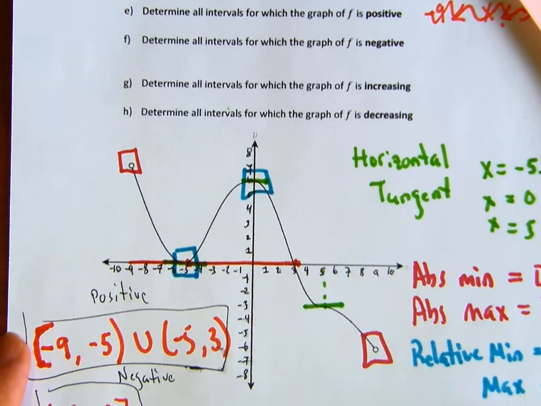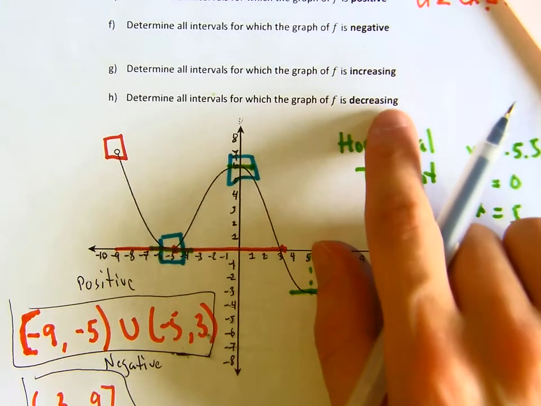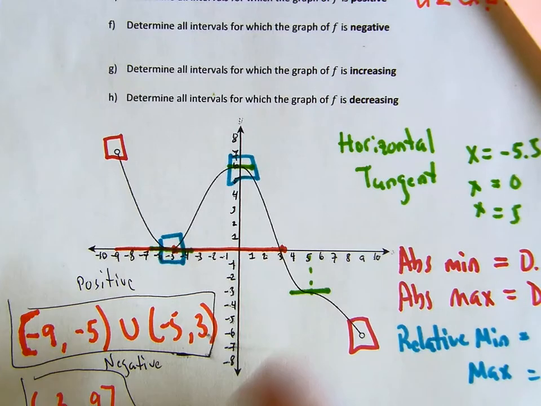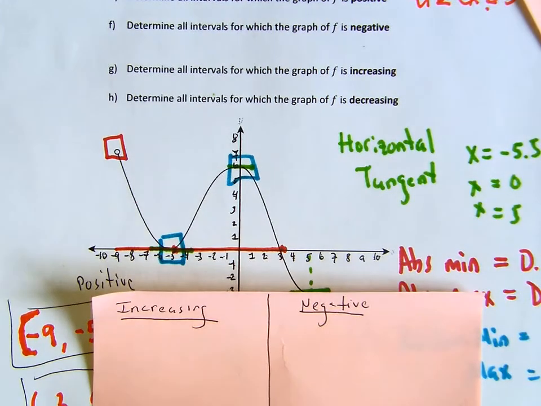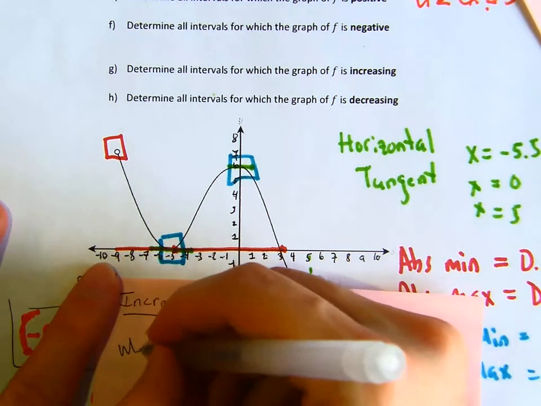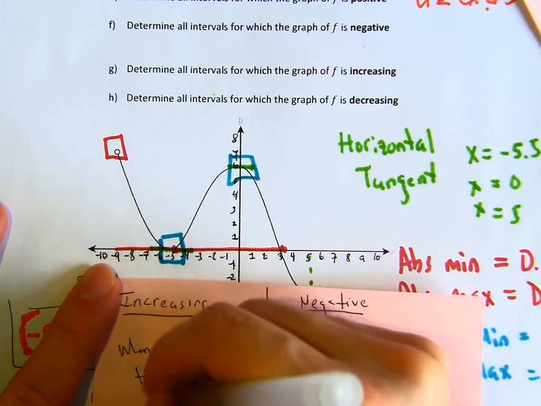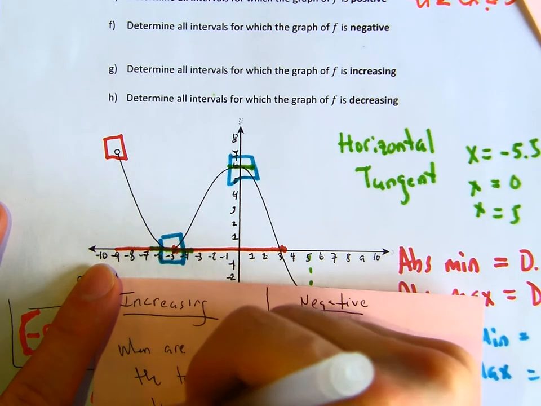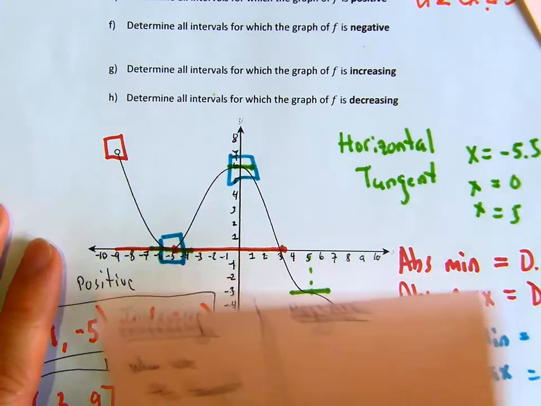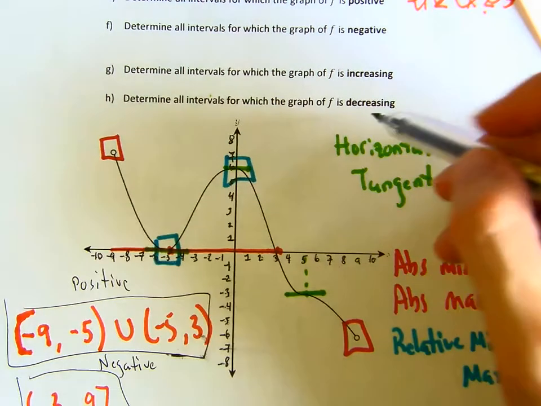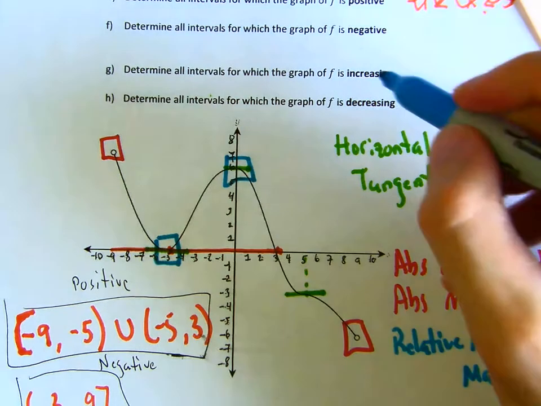Okay. And for the last one, when is the graph increasing and when is the graph decreasing? You have to look at the tangent lines. When are the tangent lines positive? When are they negative? So when is the graph increasing?